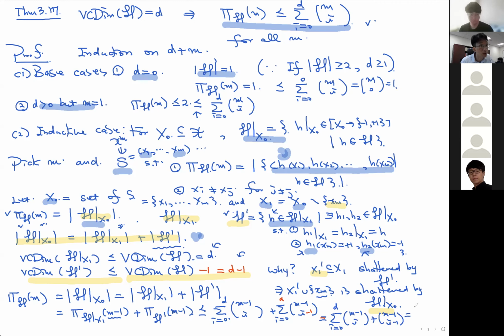But this is the same as n choose i. And the last equality, maybe you remember something that you learned a long time ago, perhaps in high school. This equality comes from the fact that if you want to choose i elements from m elements, there are two possibilities.